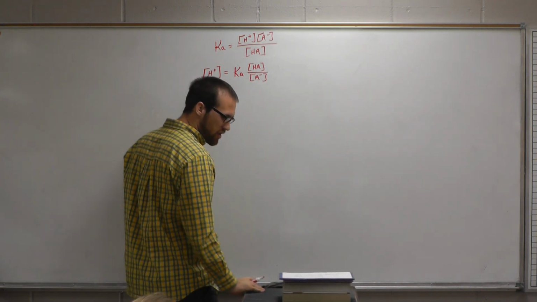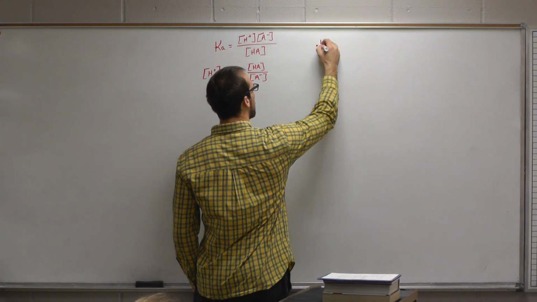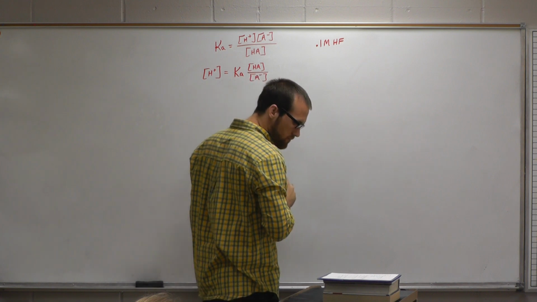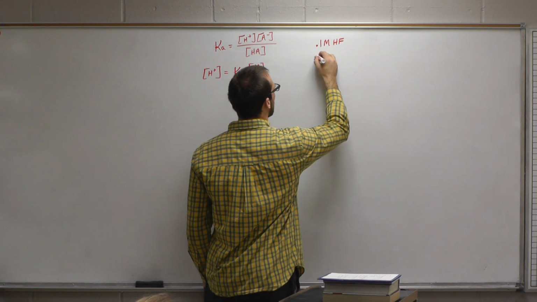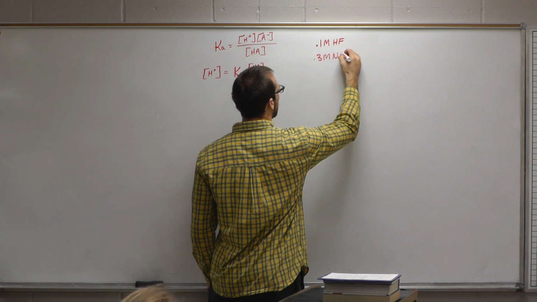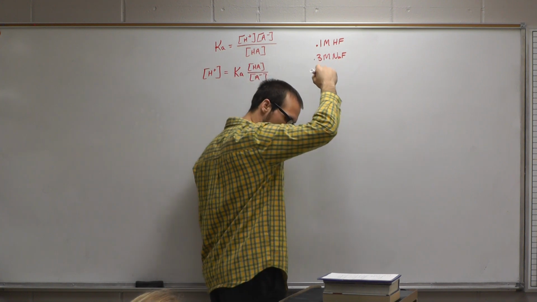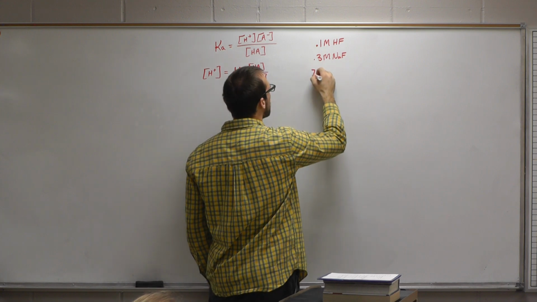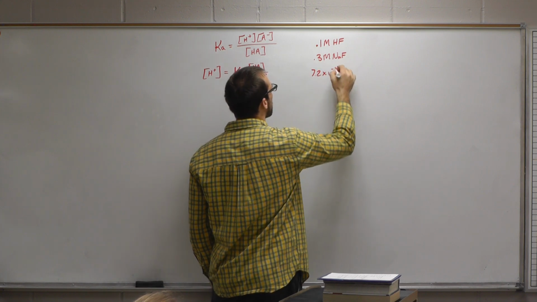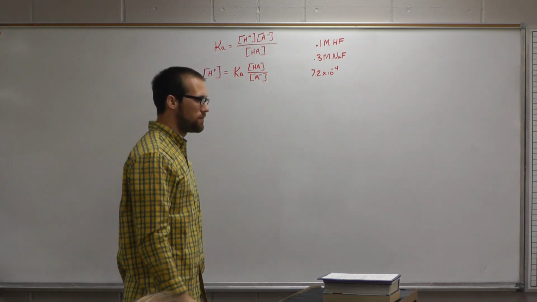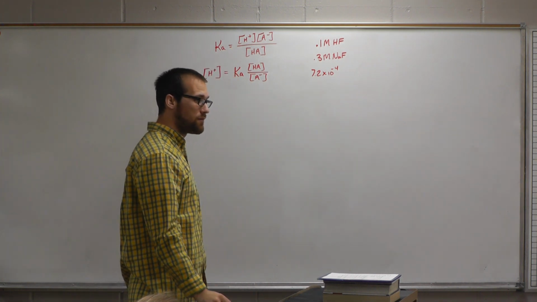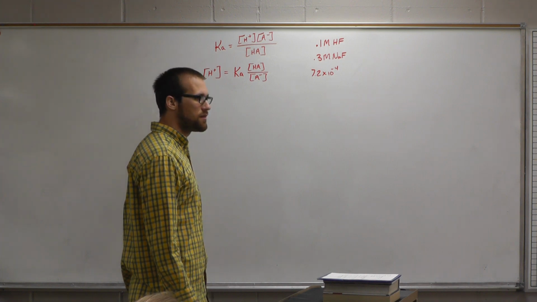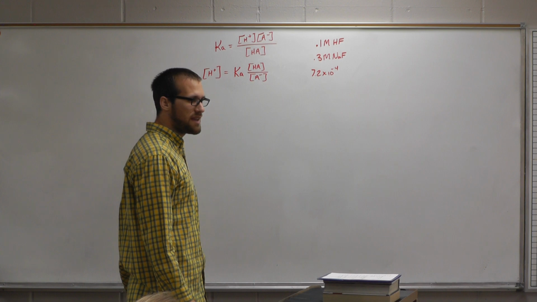Well, let's say we have a theoretical problem. 0.1 molar HF with 0.3 molar NaF. And the Ka is given. We plug into our ice table, and because we're talking weak acid, we can eliminate the X's.